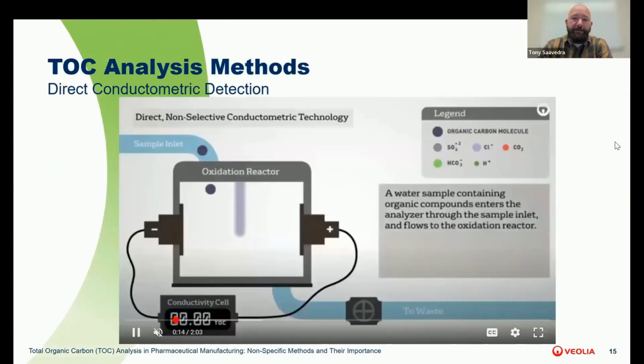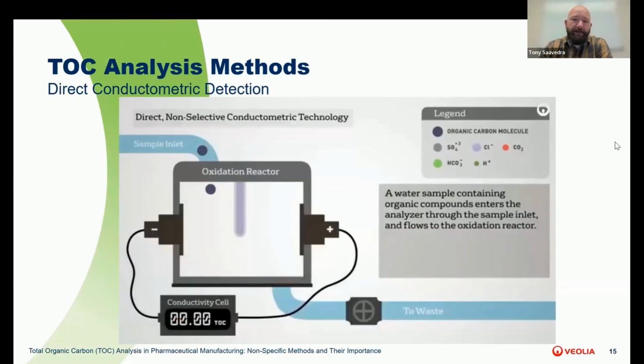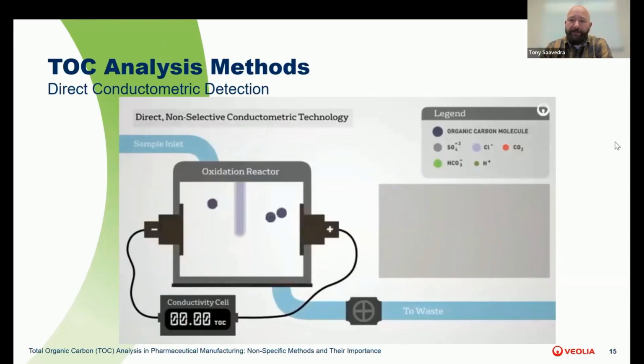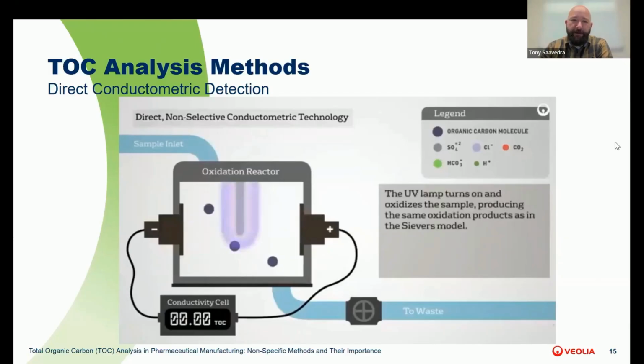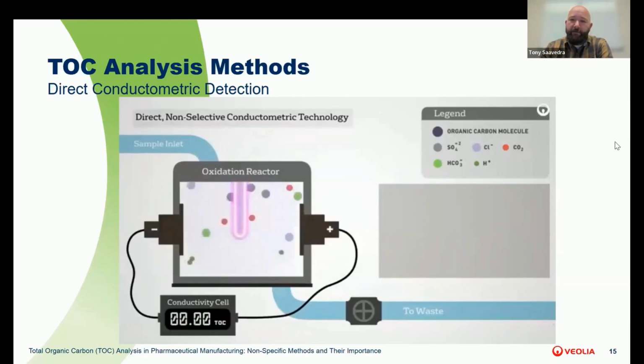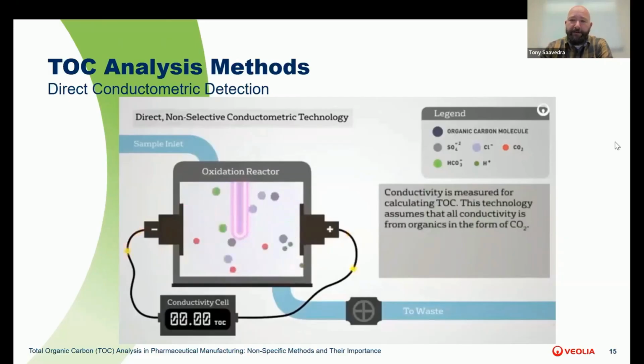Finally, let's look at direct conductometric detection. This method also operates on a different principle. It measures the conductivity of the water sample before and after oxidation. As you'll see in this short video, the process involves the sample entering the sensor where an initial conductivity measurement is made.